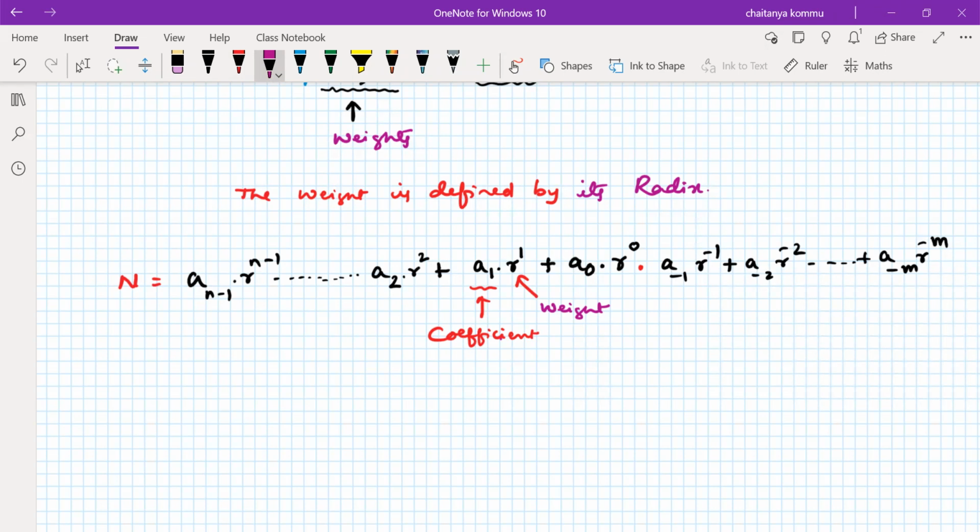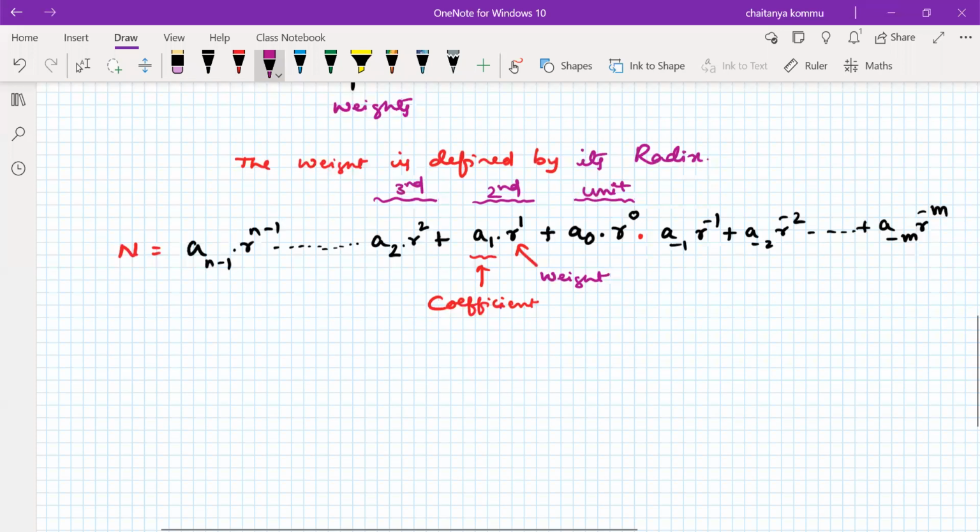Let me call this the 0th position, sorry, the unit position. This is called the second position, this is the third position, this is the fourth position, and so on. Depending upon the position, we have to know the weight of the particular coefficient. Are you agree with me?